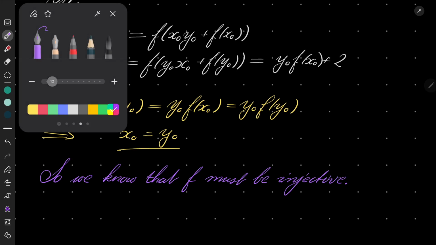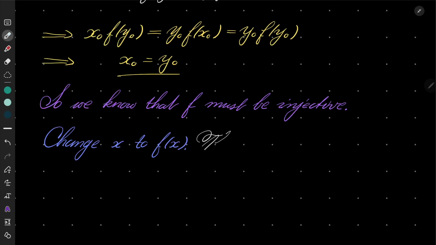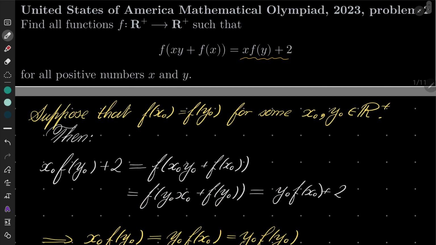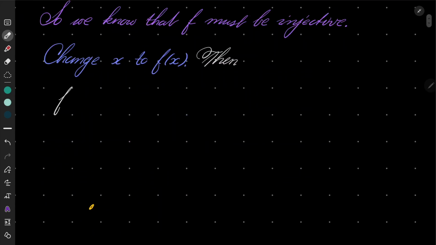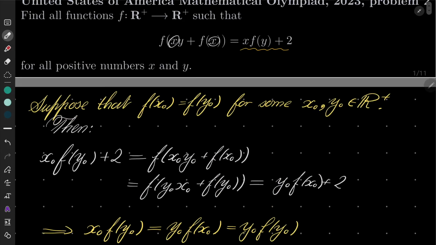It will be helpful. And now let's take again our functional equation, but instead of x, let's change x to f of x. Then let's notice that we get the following. On the left hand side, we have f of f of x times y plus f of f of x, equals f of x times f of y plus 2.